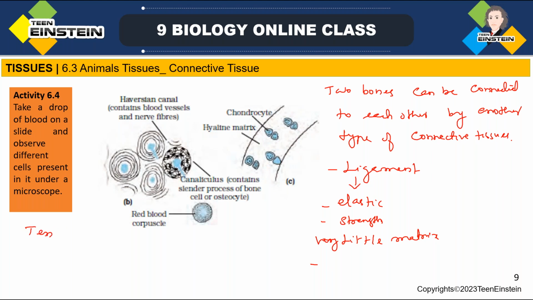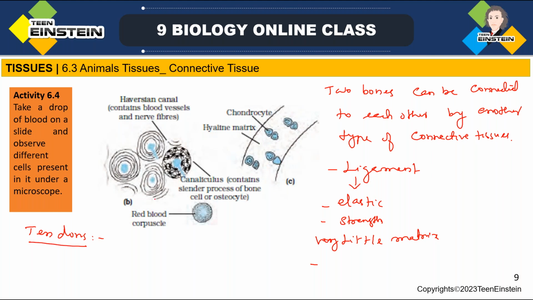Then tendons. See, this is the structure of compact bone.